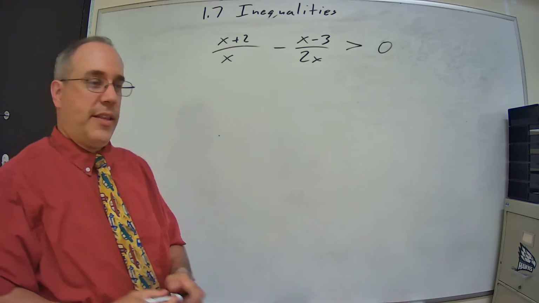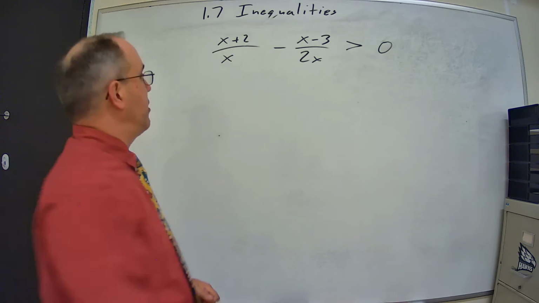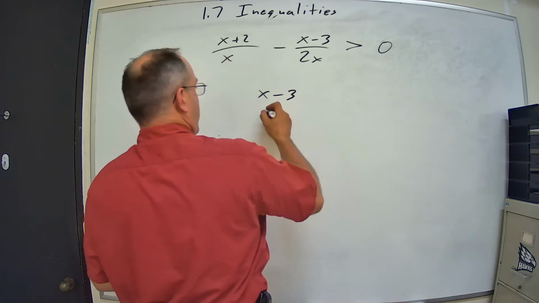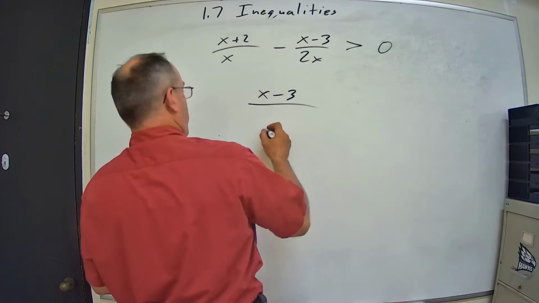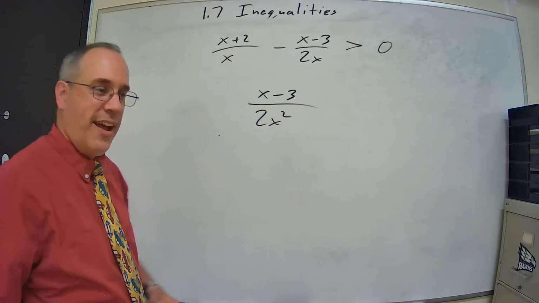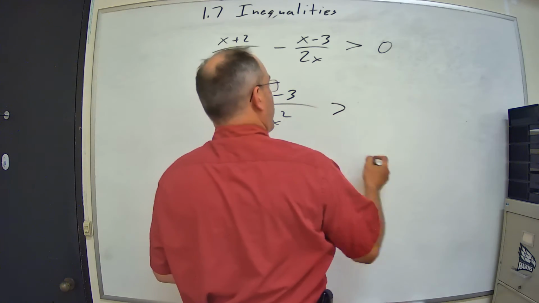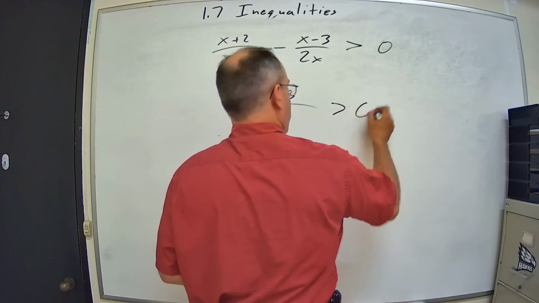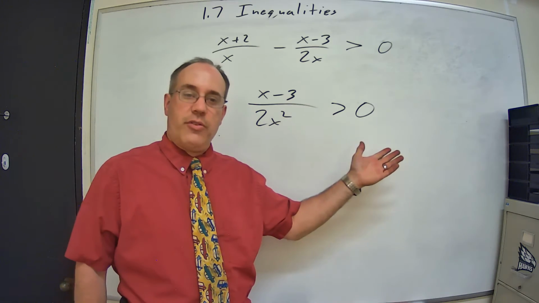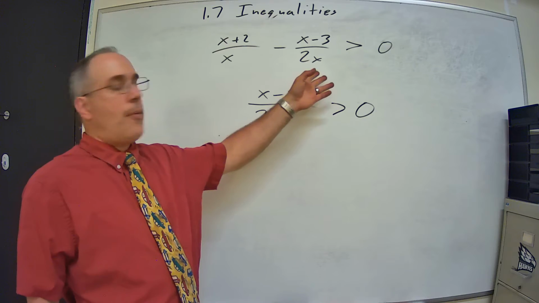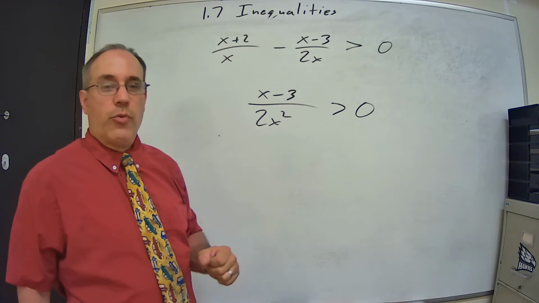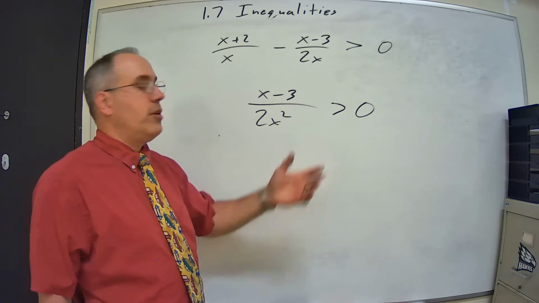We don't want it like this. We want something in the form (x minus 3) over 2x squared. That is not this, by the way, just to point that out. But we want it so that we have one rational expression on one side and a 0 on the other side. So that means finding common denominators and doing the work necessary to turn it into that.